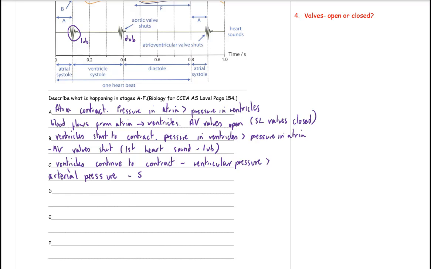So the semilunar valves open. Now, the reason why I emphasize that so much is because there's atrial pressure, which is the pressure in the atria, and arterial pressure, which is the pressure in the arteries.